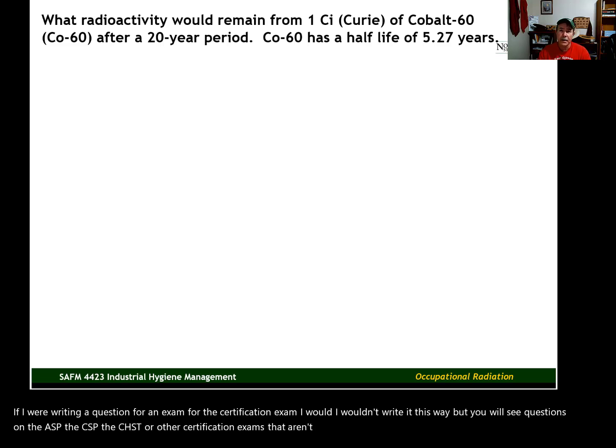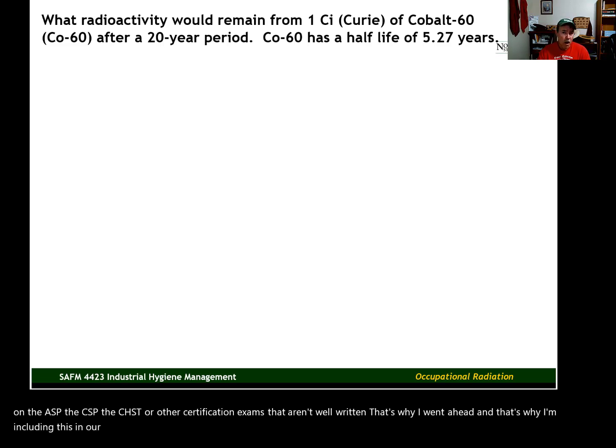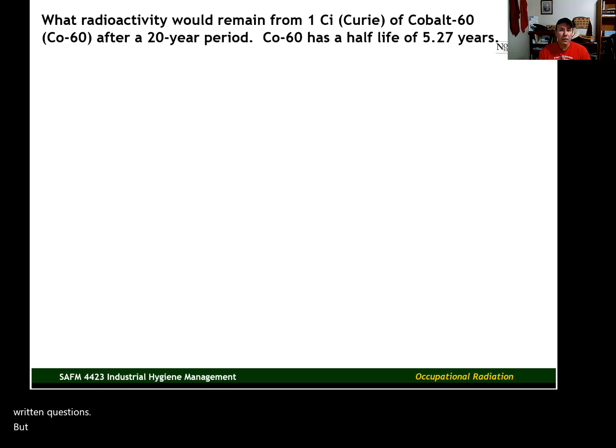That's why I'm including this in our sample problems, to help prepare you for the reality that you're going to face with some poorly written questions. But again, this is not the way I would write it if I was wanting to write a good question. But let's go ahead and take a look at it.